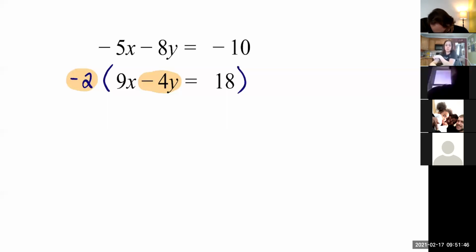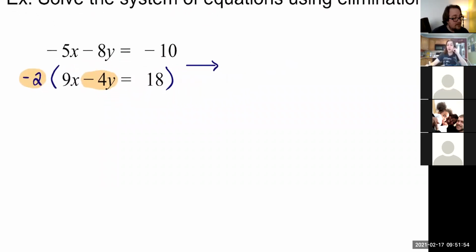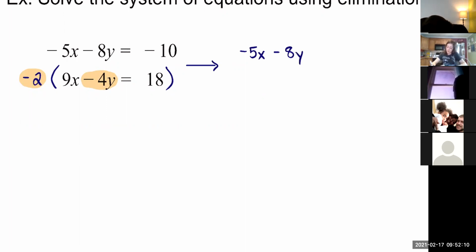Absolutely, Marissa. This is usually how I organize my own work: I go off to the side here so I can track my process. I haven't touched the top equation at all. In fact, I'm just going to copy it down exactly as it was. So the top equation is still -5x - 8y = -10.